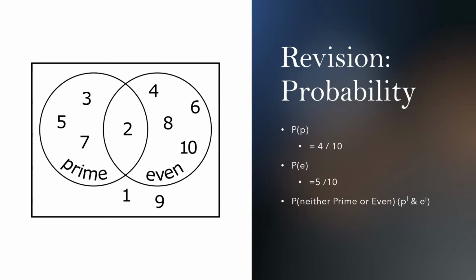Probability of neither prime nor even, so I should have put there the complement of the union of A and B. It's 2 values out of 10, so 2 out of 10.